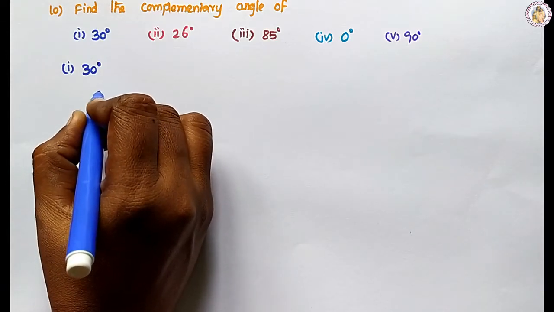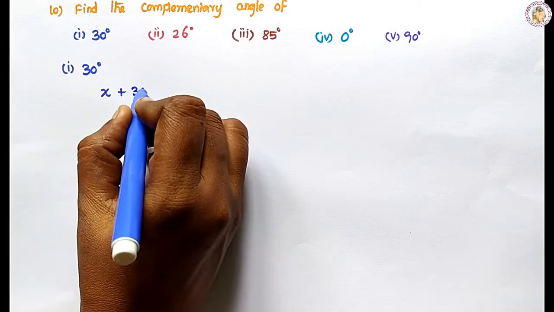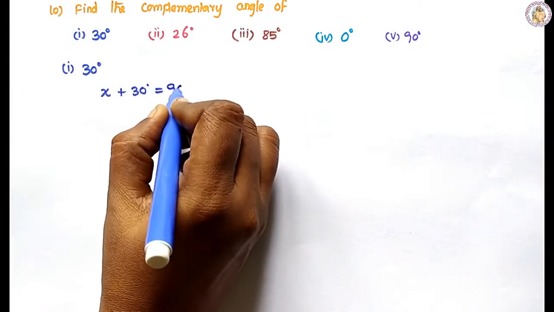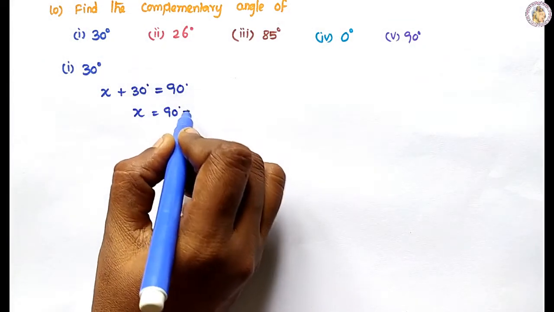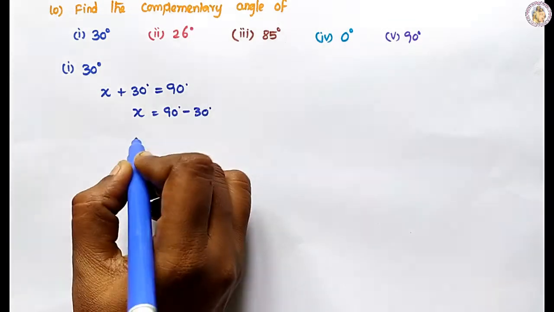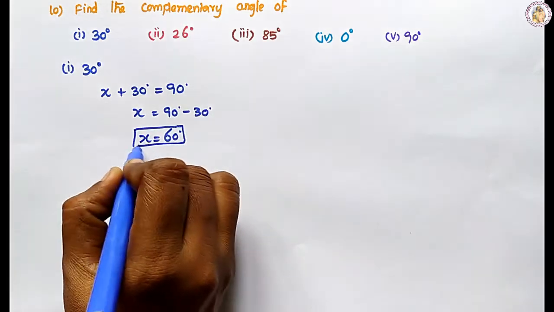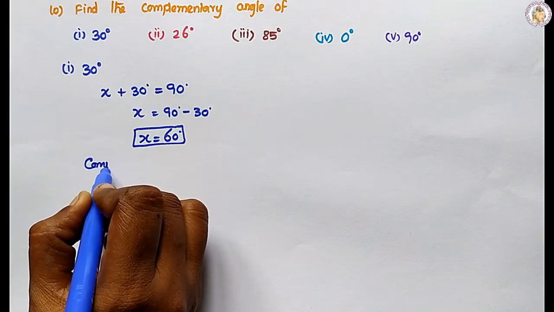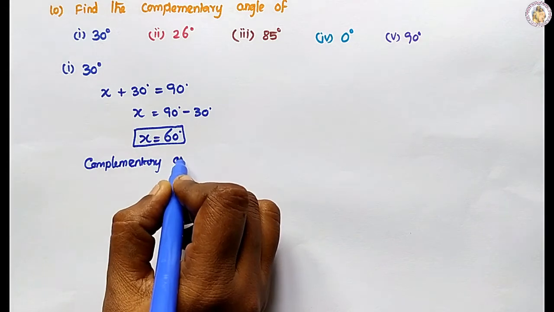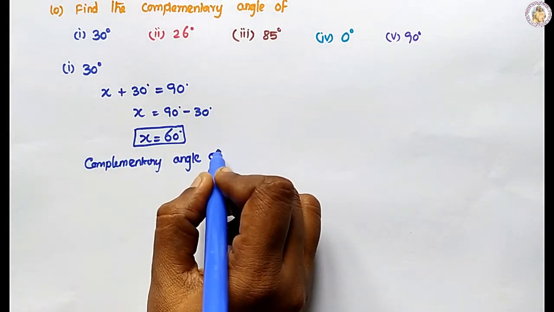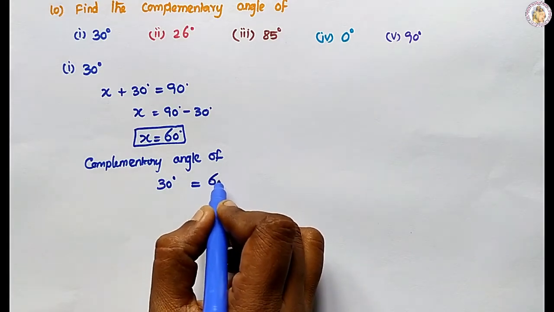So let the other angle be x. x plus 30 equal to 90 degrees. So x equal to 90 degrees minus 30, that is 60 degrees. So the complementary angle of 30 degrees equals 60 degrees.